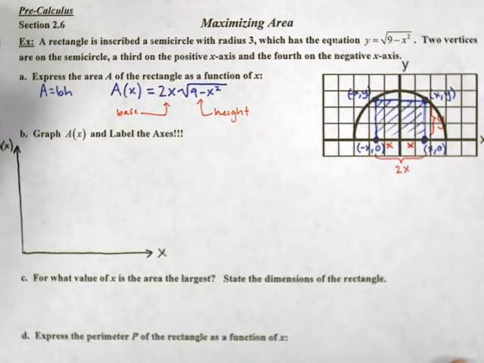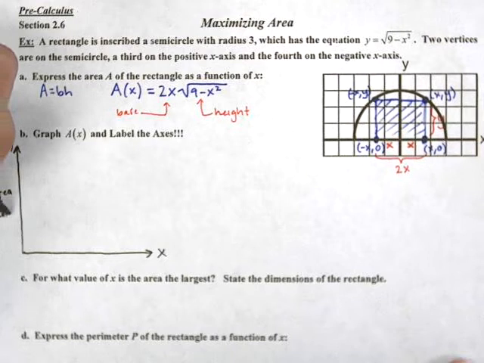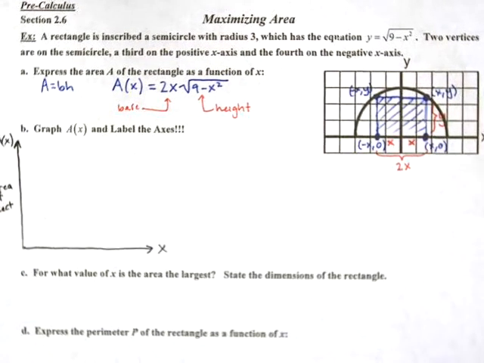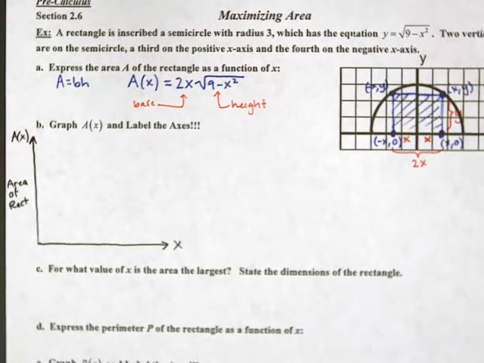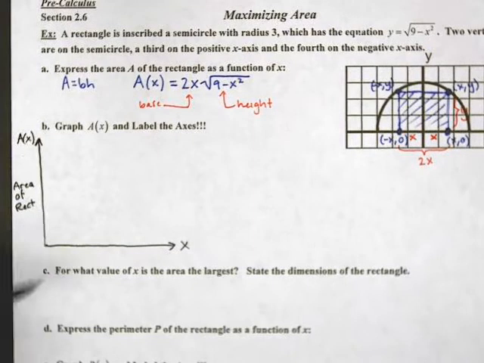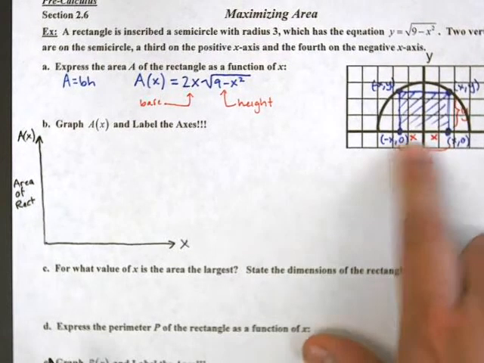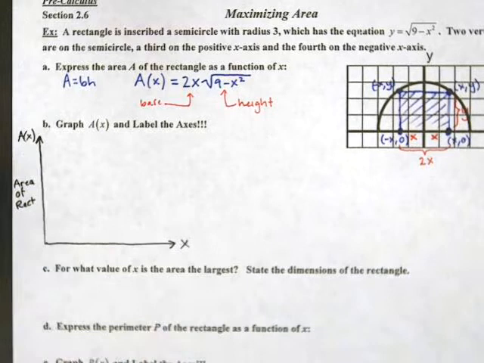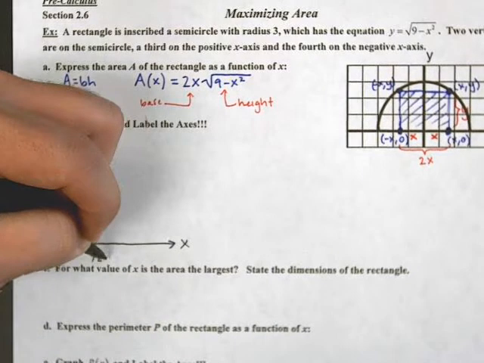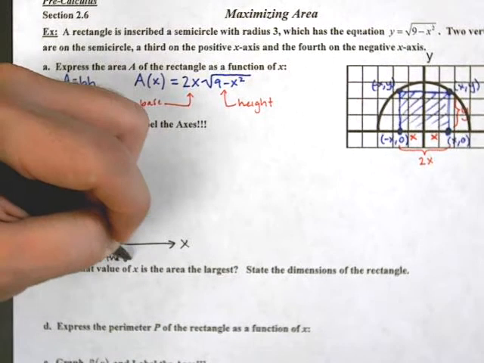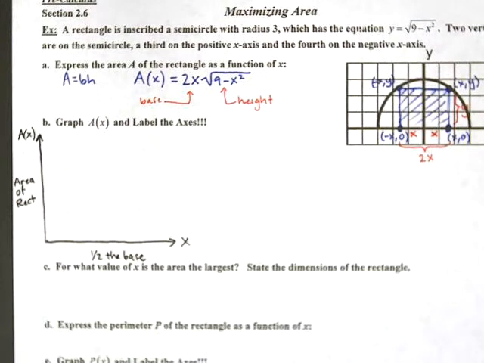This is the area of the rectangle. Now be very careful on this next part. Normally, or in the last video, x was always the base of the rectangle. But in this case, my base is 2x, so when I say x, this is actually half the base. Okay?